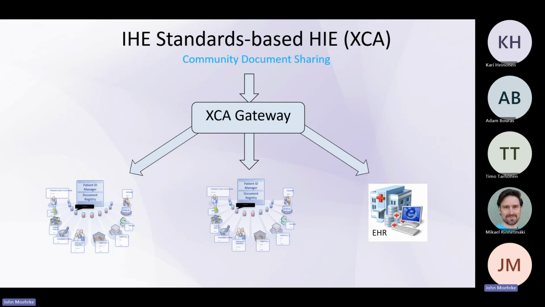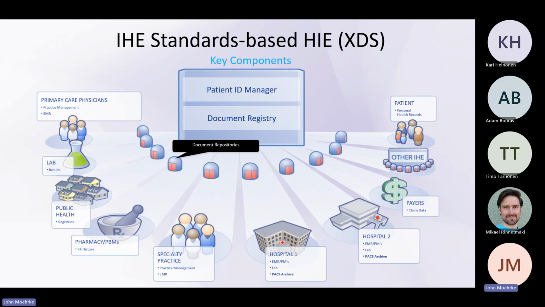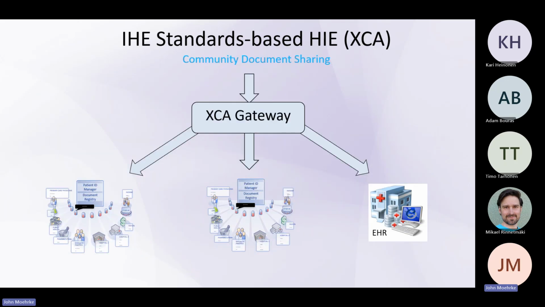It uses the same metadata model, uses the same patient identity cross-referencing concepts. It is based more on SOAP, and therefore there is some concern that it's not a great new technology to pick up. FHIR is clearly the new technology to pick up. So both with XDS and with XCA, we're looking at using purely FHIR, and I'll get into that in a little bit.